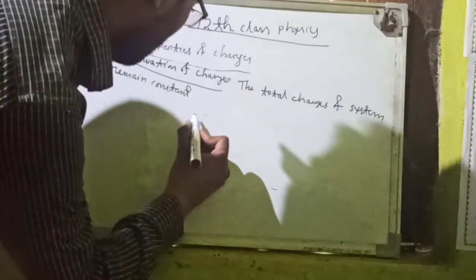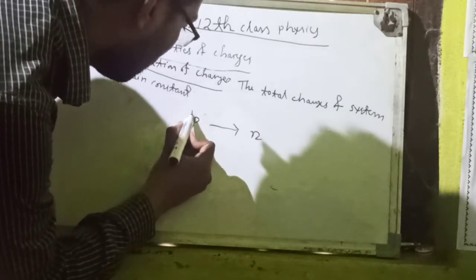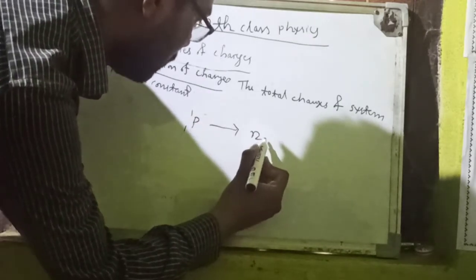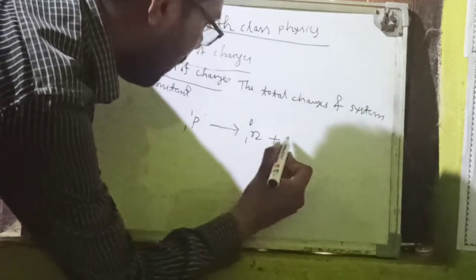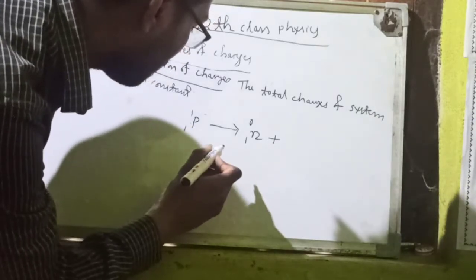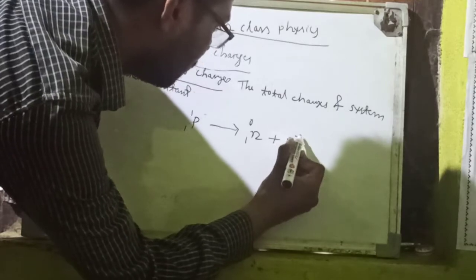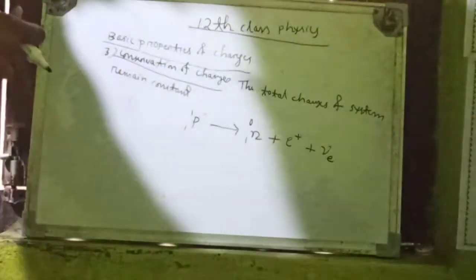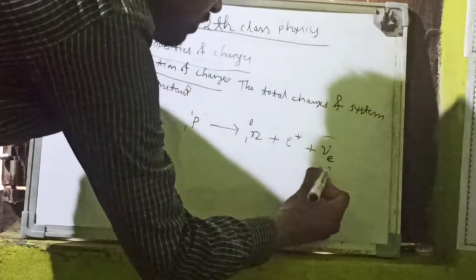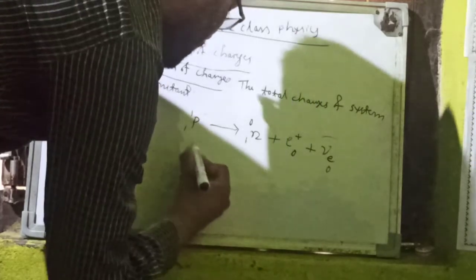One proton decays into one neutron, plus one positron, plus one neutrino. What is the charge of the proton? Plus 1. The neutron's charge is 0, the positron's charge is plus 1, and the neutrino's charge is 0.